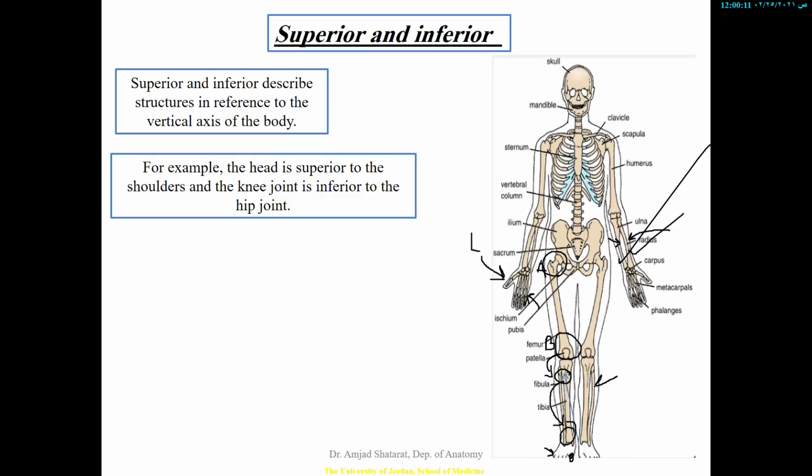Again, more examples. This is the fibula and this is the tibia. The fibula is lateral, the tibia is medial. So these are some examples of medial and lateral. Now the question is, when you turn your hand, with your thumb inside, turning your palm down, would the thumb become medial or stay lateral?